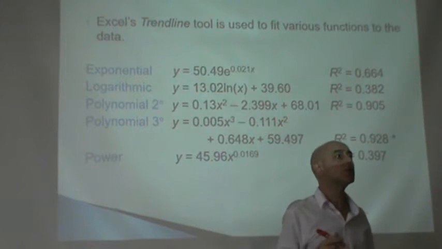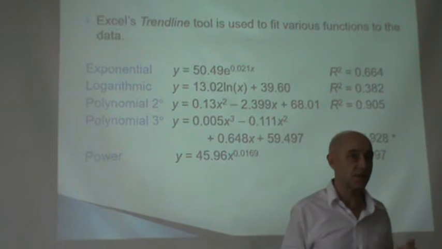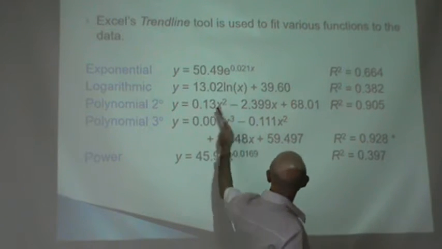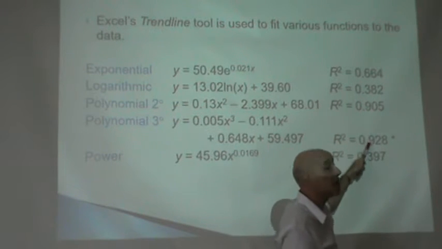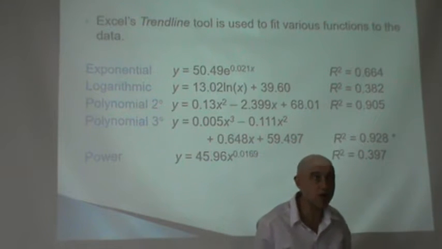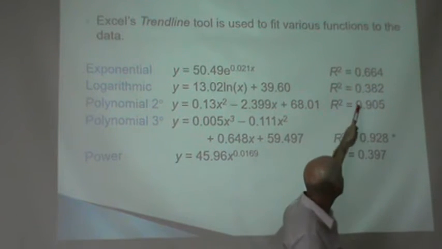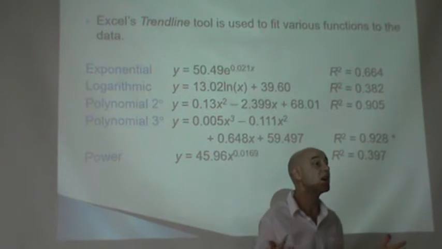Now, what's important to understand, and that will be coming many times later on, is that by adding more variables, you will always be improving the R squared. So the trick is, when you add a variable, to improve the R squared a lot, not just a little.